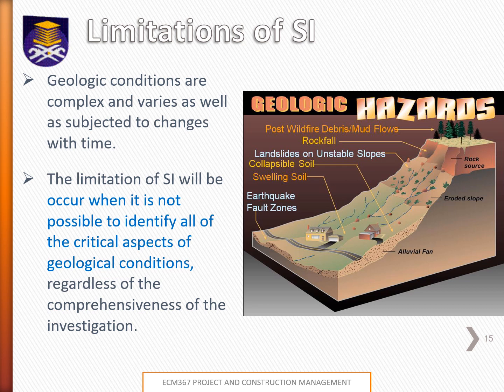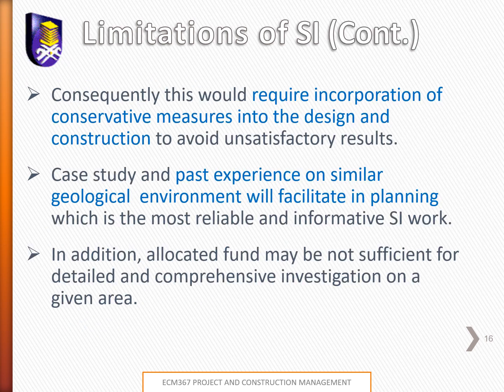So there are many limitations that might occur in order to identify and investigate the engineering properties of that particular area. Sometimes, due to the limitations, the party in charge is not able to identify all the critical aspects of geological components. So what can they do?